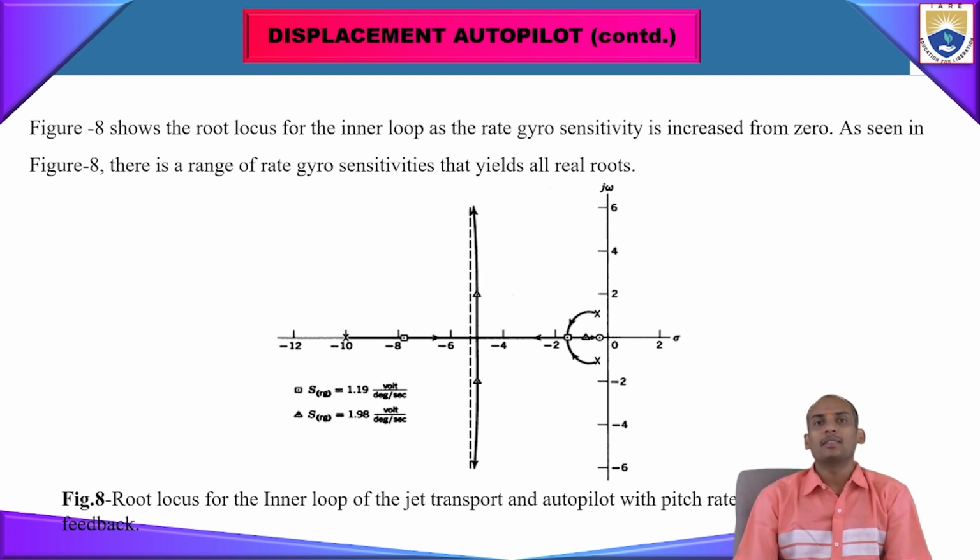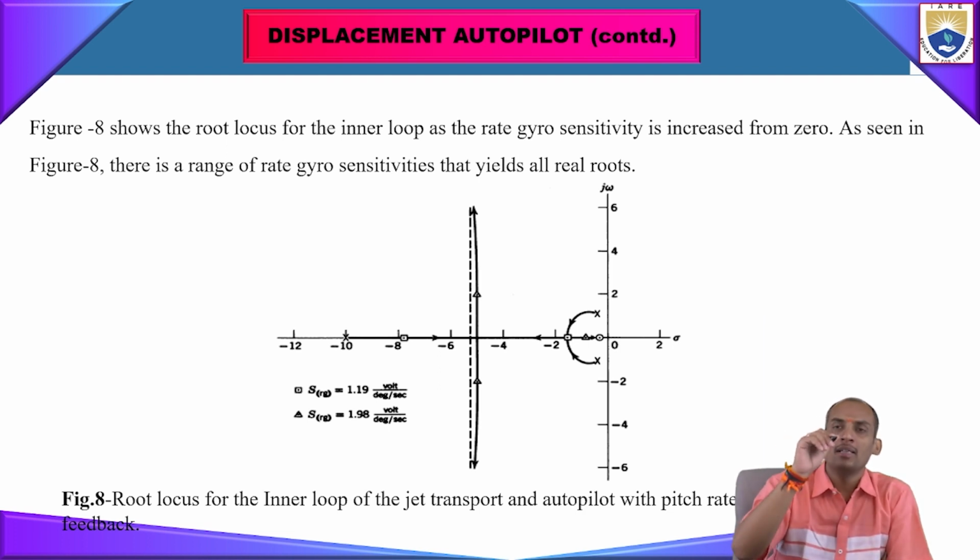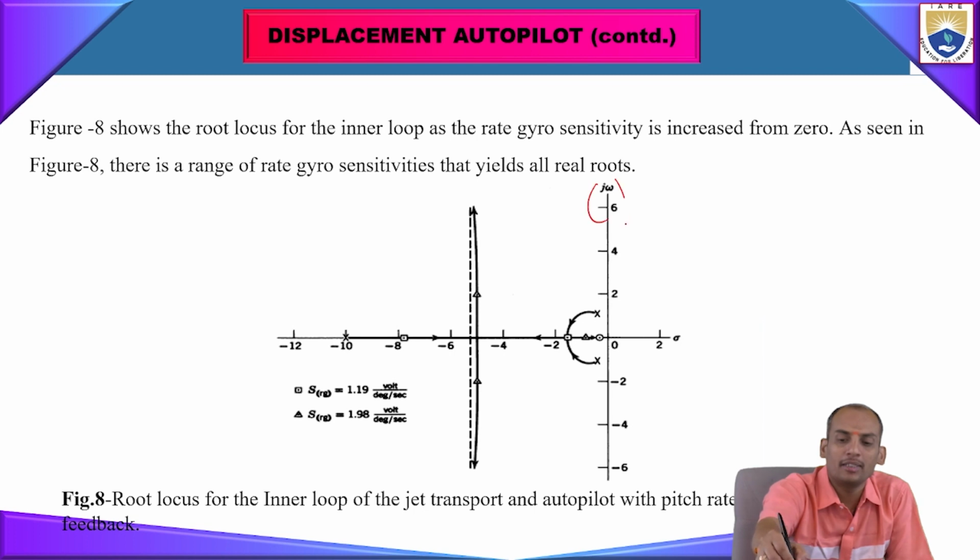For this, you see the root locus here. This is the root locus for the inner loop as the rate gyro sensitivity is increased from 0, and as seen in figure 8, the roots are all real roots only. The jω axis will be the imaginary roots, and these are all real roots, even though negative values.